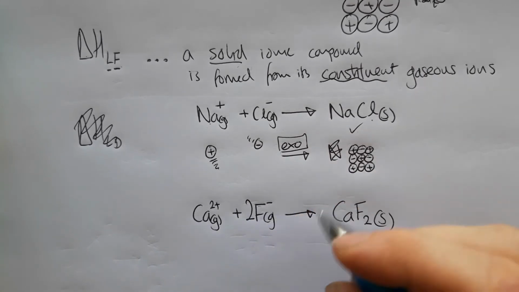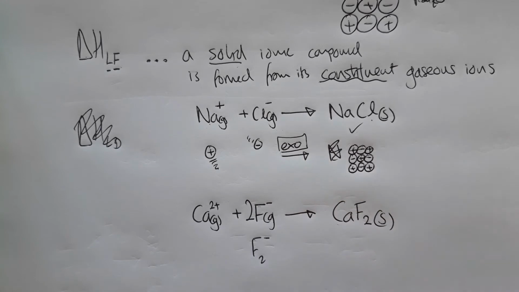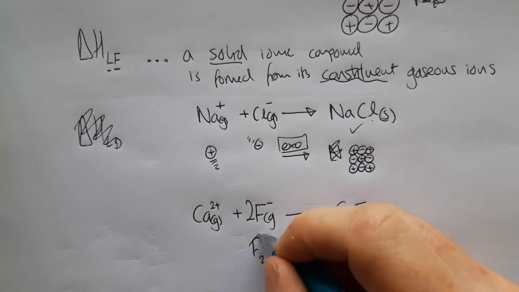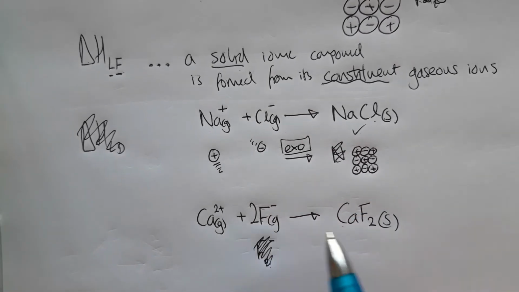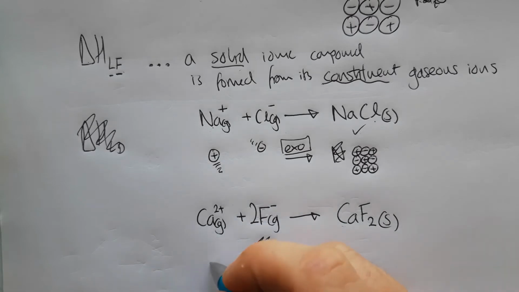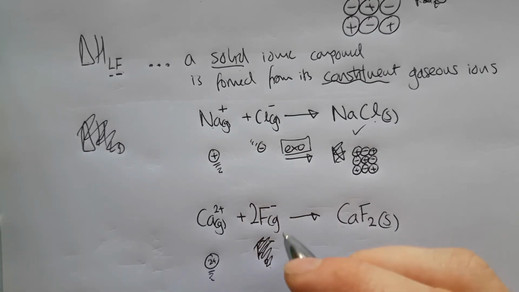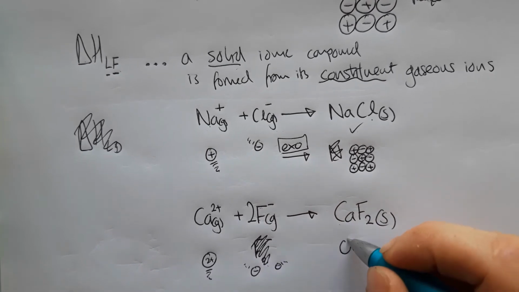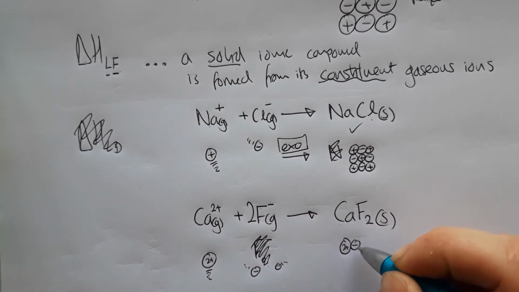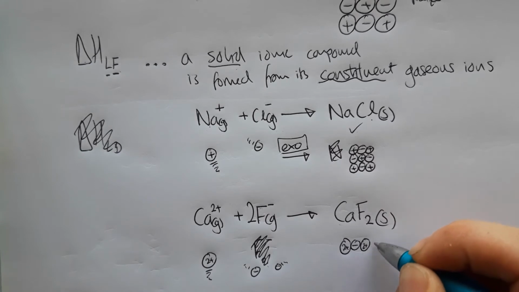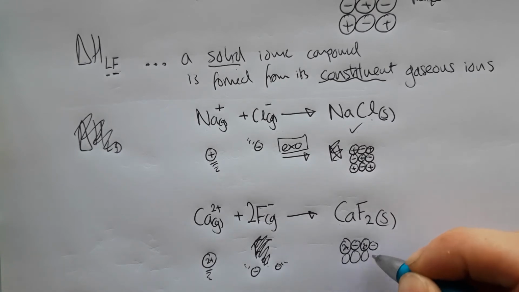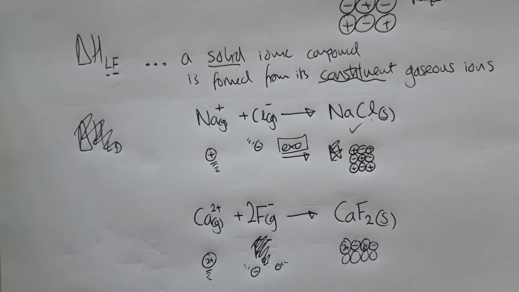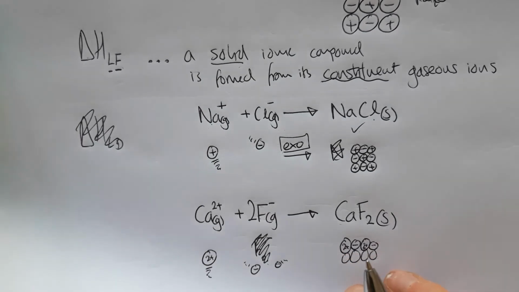Please don't be that person who comes up with the F2- ion. You're trying to tell me there's a covalent F2 with a charge on it? No. Fluoride ions are negatively charged and you would need 2 of them. So you've got a calcium ion whizzing around as a gas and 2 fluoride ions. And then they all come together to make this 2 plus 1 minus 2 plus 1 minus lattice. So that's the enthalpy of lattice formation.